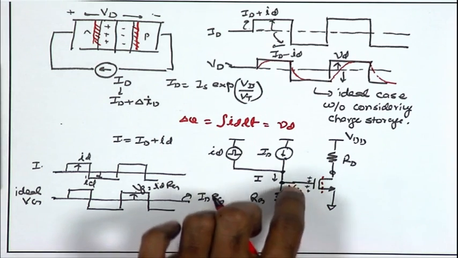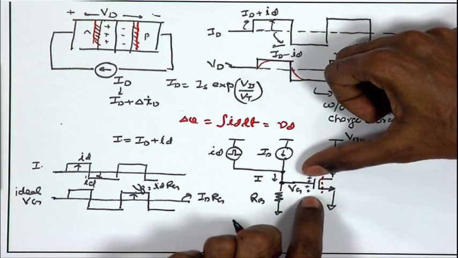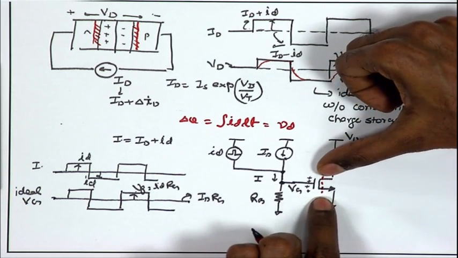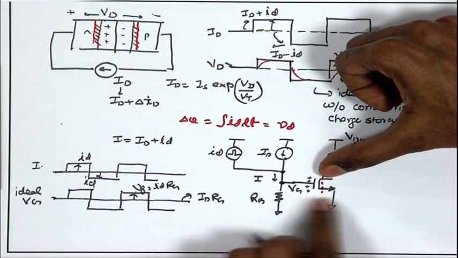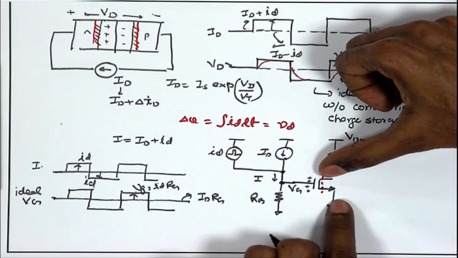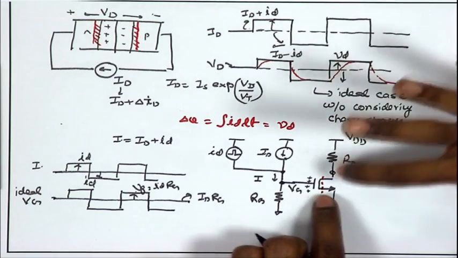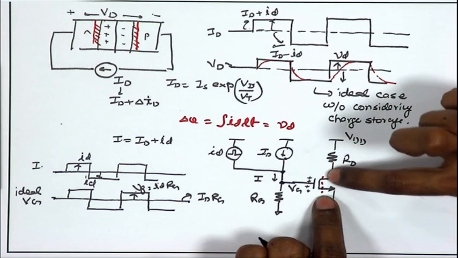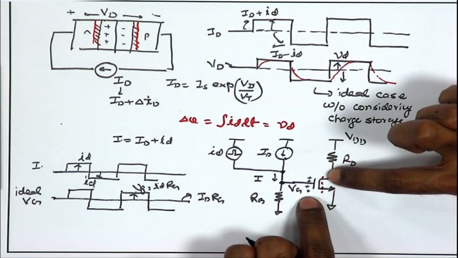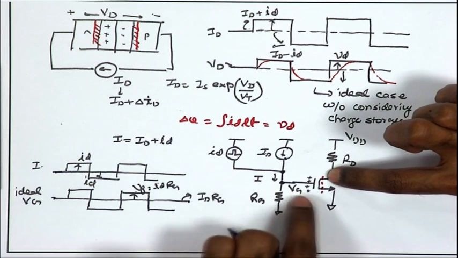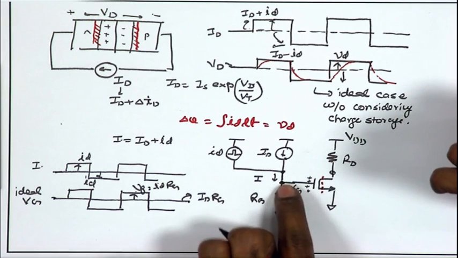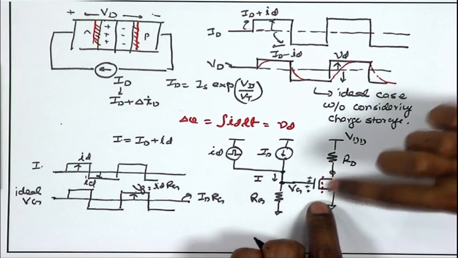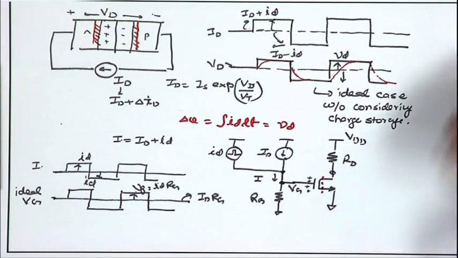So, whenever you are trying to increase this gate voltage, it must be compensated by an equal increase of negative charges inside the channel, so that the electric field is once again neutralized. So, the electrostatics will force the electrons over here to accumulate and balance the additional positive charge that you are trying to produce. For the negative cycle of the ID, you are trying to reduce the positive charge here, that is you are trying to reduce the voltage over here, that means it is going to reduce the negative charge over here.